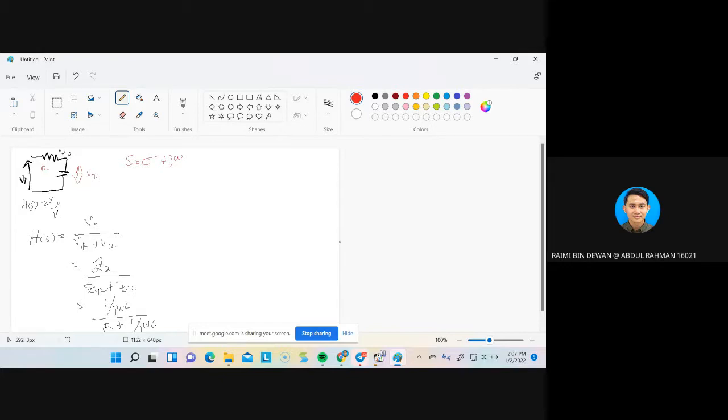Okay, and at steady state, this sigma can be regarded as 0, and therefore your S is equal to j omega. Okay, so this one, bring upward here.